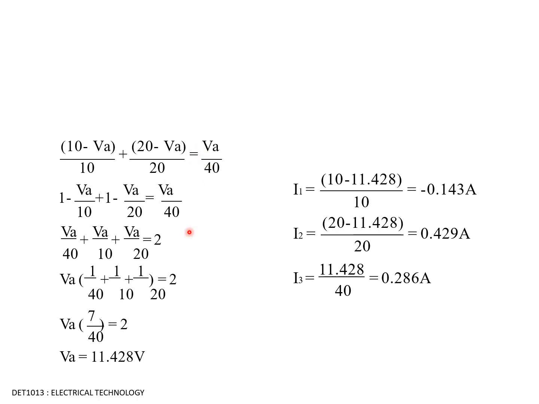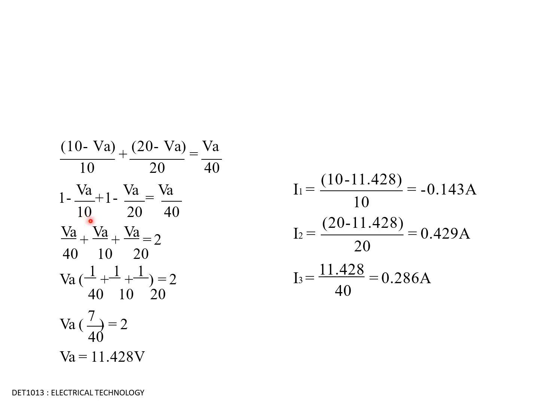Now when you add or solve this equation, we get 1 plus 1 is equal to 2, and here we have VA by 10, VA by 20, and on the right side we have VA by 40. Taking all these values to the right side, when we take the negative term to the other side of the equation, crossing the equal sign, it becomes positive.